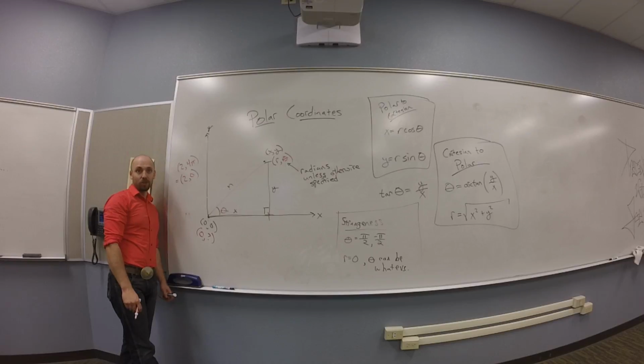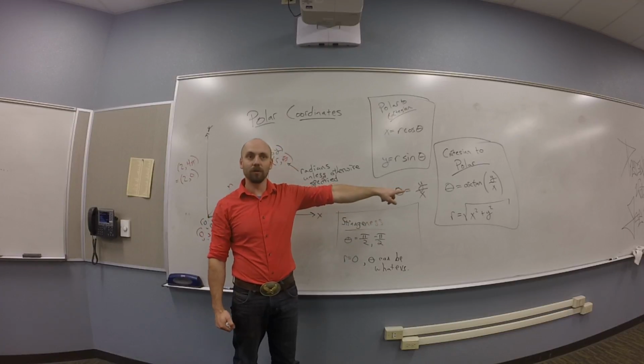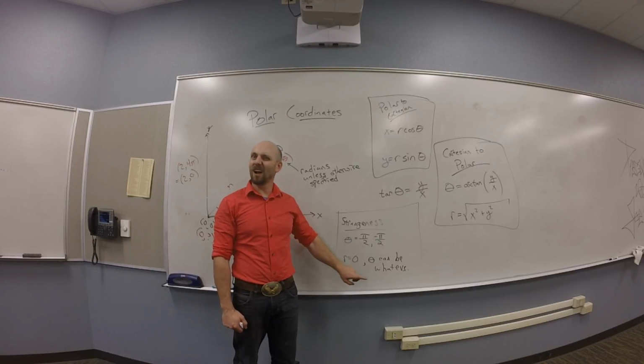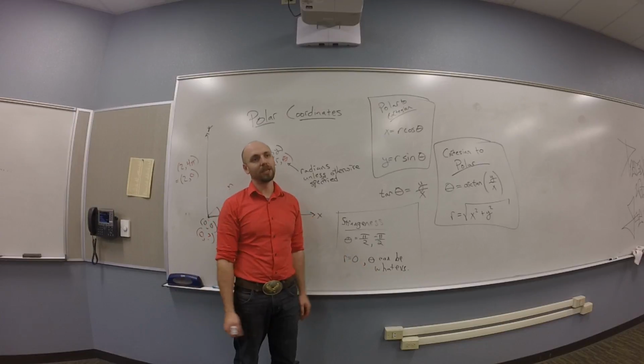So that's one of the strangenesses about polar: there's some weirdness with conversion when theta is pi over 2 or minus pi over 2. There's some weirdness when r is 0, and there's some fuzziness about coterminal points. You guys cool with that? Okay, so those are limitations.